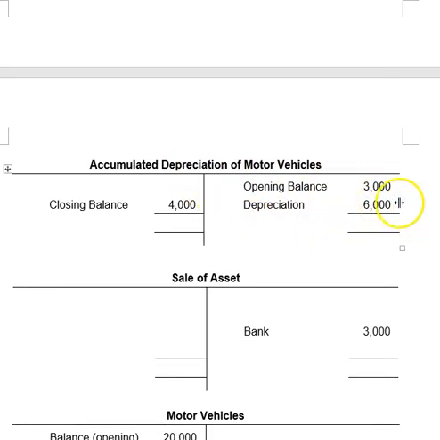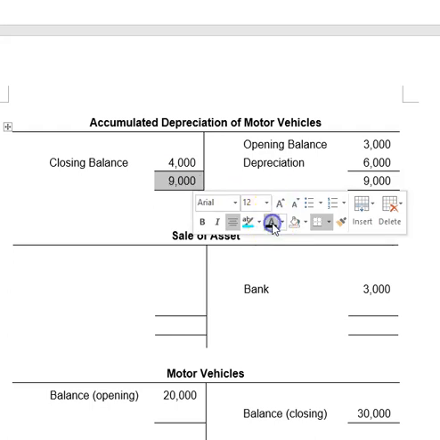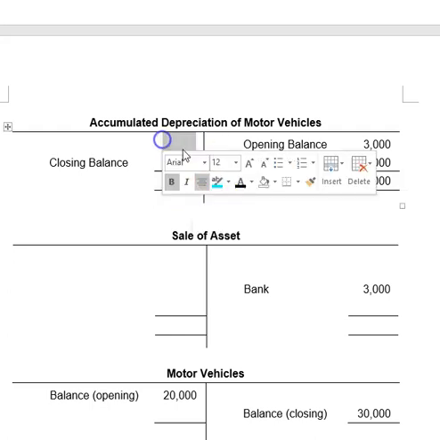Now the last thing we need to do is find out how much is the accumulated depreciation for the assets that we have sold. So 3,000 plus 6,000 equals 9,000, so the total here is supposed to be 9,000 as well. The remaining balance of 5,000 will be the accumulated depreciation of the assets that we had sold.